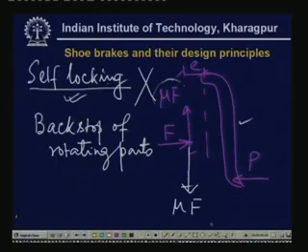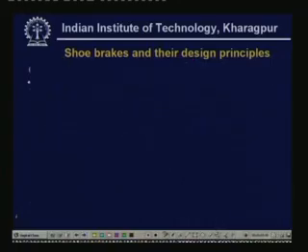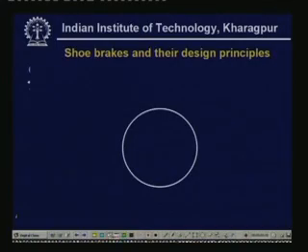Again, what we can see is that we have applied the force only in one direction. There is a shoe here. So, we have applied force in one direction.